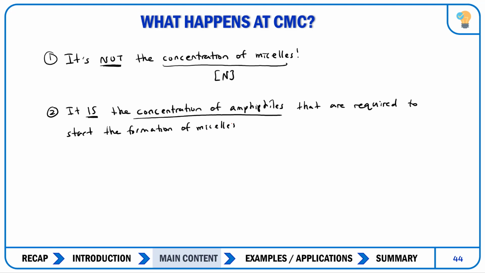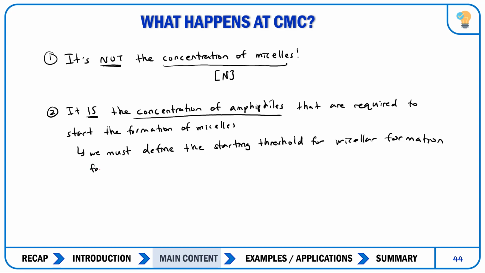So then for different types of lipid, there's going to be different critical micelle concentrations. So therefore, we must define the starting point or starting threshold for micellar formation for different types of lipids.